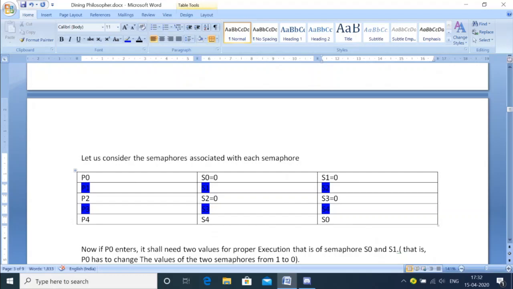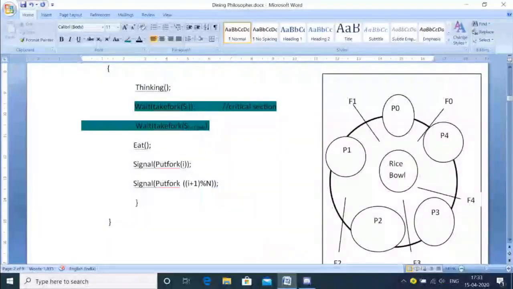Sorry, I can't get you. No, sir, I wanted to ask if the semaphore value was binary, like 0 and 1, right? Yes, yes. Okay, sir. Can you repeat the question one more time? Sir, I said the semaphore value was binary, right?